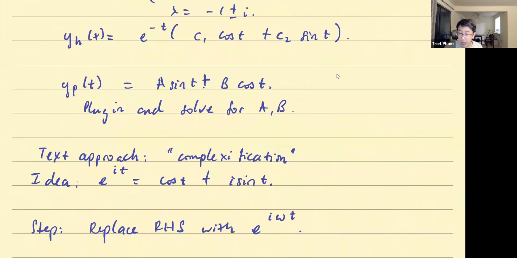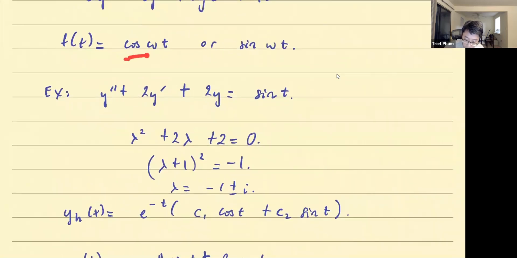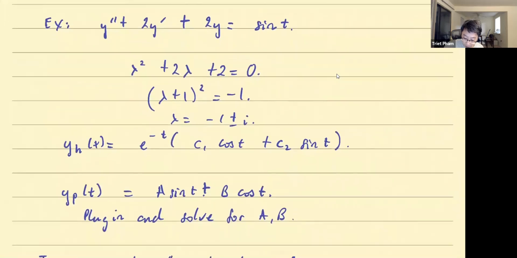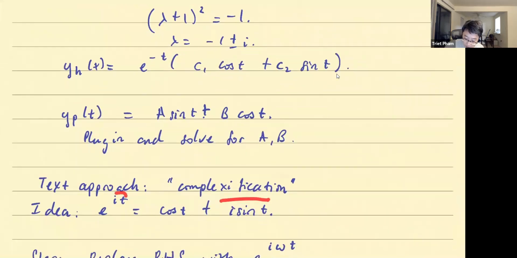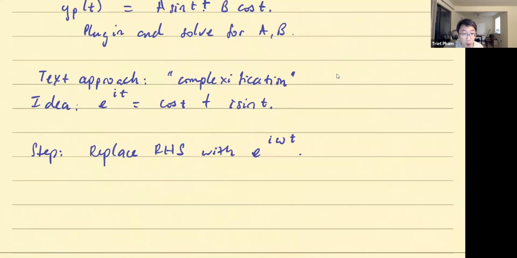Why? Because I guess the general form is cosine or sine of omega t. The complexification they're talking about is exactly this. Oh, this is a step, not an idea. The idea is only this. Basically, idea means where this thing comes from. This is the step. First, you do this.